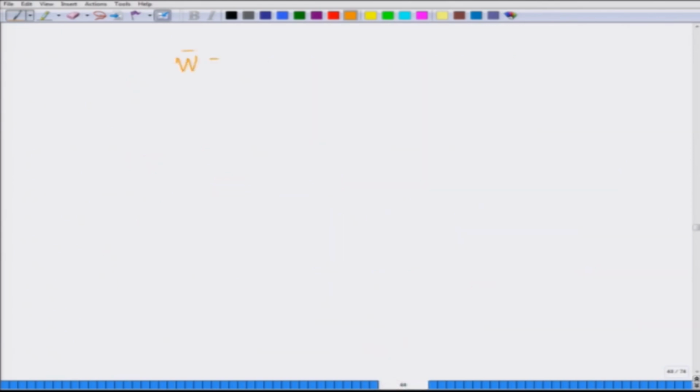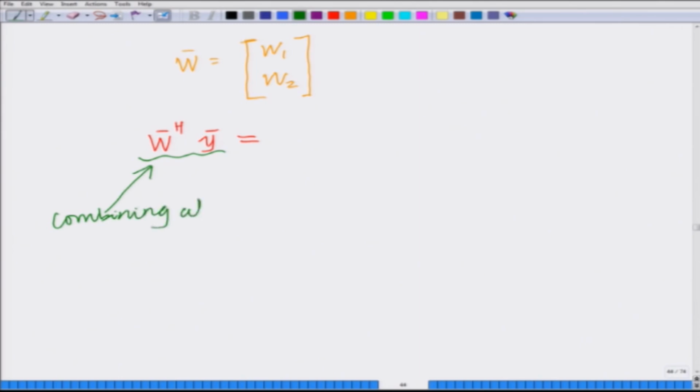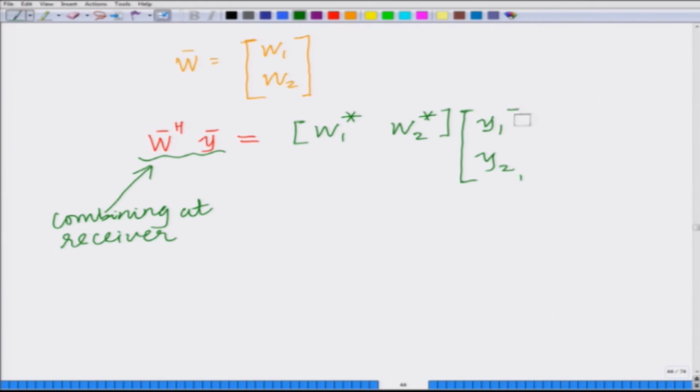That is, if we have w bar equals w1 w2, at the receiver perform combining as w bar Hermitian y bar, that is, this is the combining at the receiver, which is equal to w1 conjugate, w2 conjugate times y1, y2, because you are taking the Hermitian, which is equal to w1 conjugate y1 plus w2 conjugate y2.